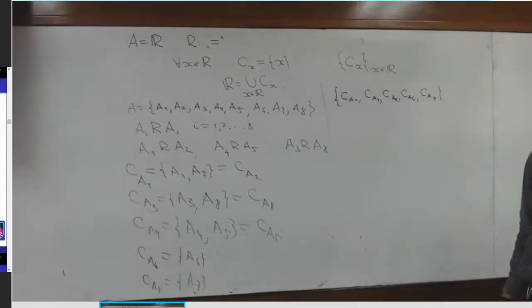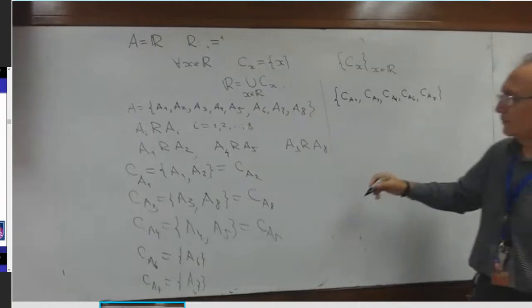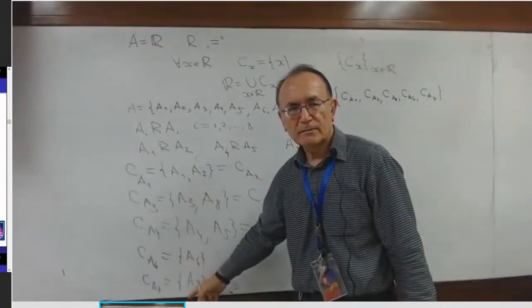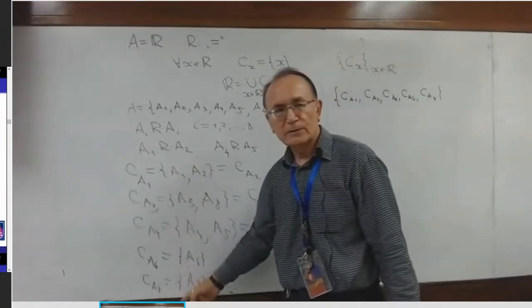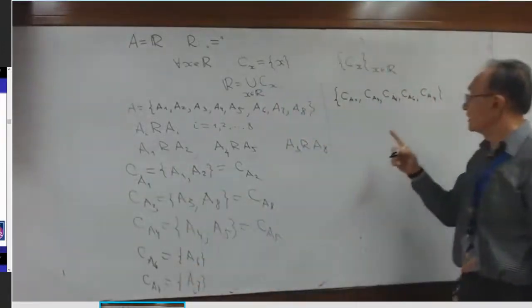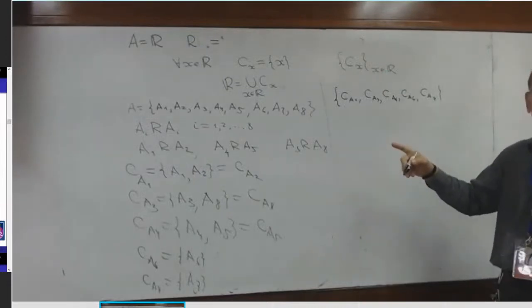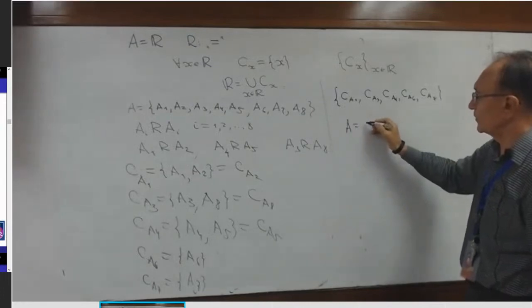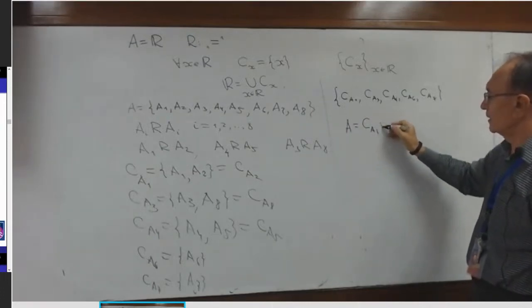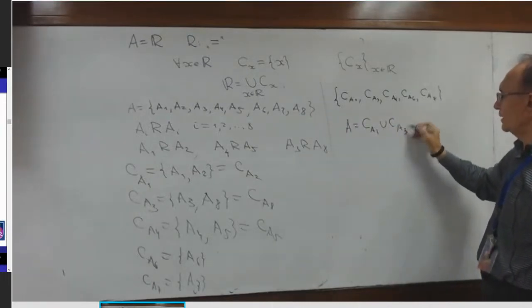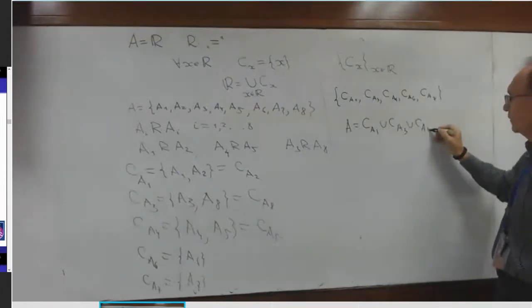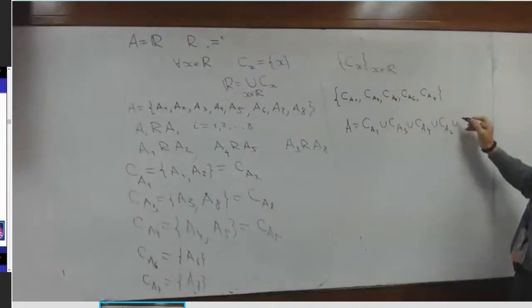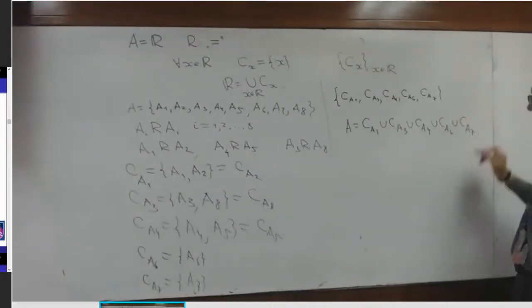This is a partition. Why? Because you can see the intersection of them is empty. No two intersect. Then the union of them must be A. So A must be CA1 union CA3, CA4, CA6, then CA7.